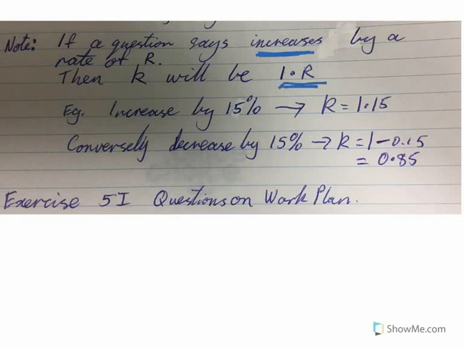And conversely, there's the example, increase by 15%. 15% as a decimal is 0.15, so 1.15. And conversely, if it's a decrease, rather than adding that 0.15, we take it away. So it's 0.85 of what it was. So it's decreased by 15%, decreased from 100% down to 85%, and so that's your 0.85.